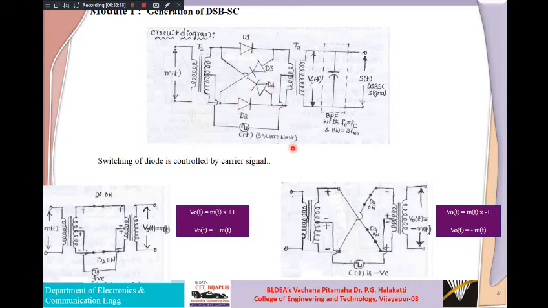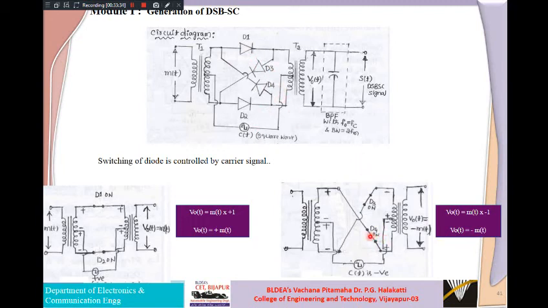So what you can write: during the negative peak of the carrier the voltages applied across D1 and D2 get reversed, which will turn off D1 and D2 and respectively turn on D3 and D4.